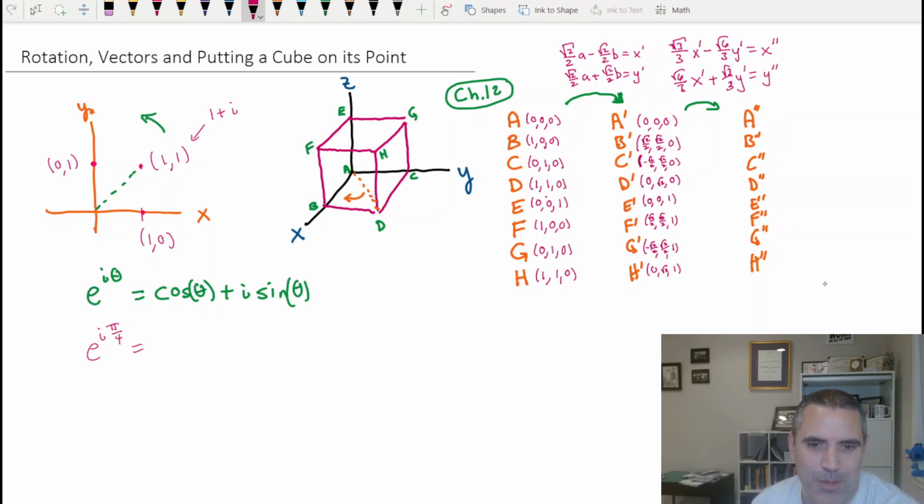Again, this is not part of Math 126, but you get the square root of 2 over 2 plus i times the square root of 2 over 2. And if we multiply that by 1 plus i, it turns out all the arithmetic works out right. You just define i times i as negative 1.